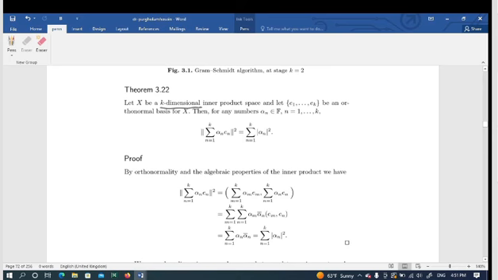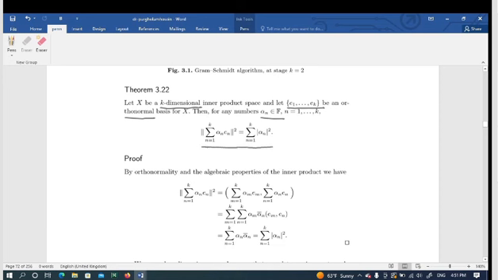And e1, ..., ek be an orthonormal basis for X. So for any numbers alpha_n in F, meaning any scalars alpha_n, we have this equation.